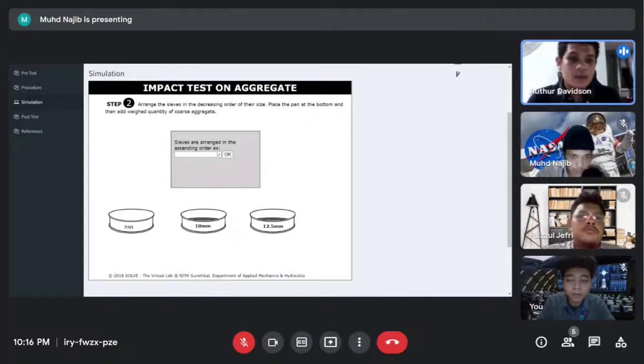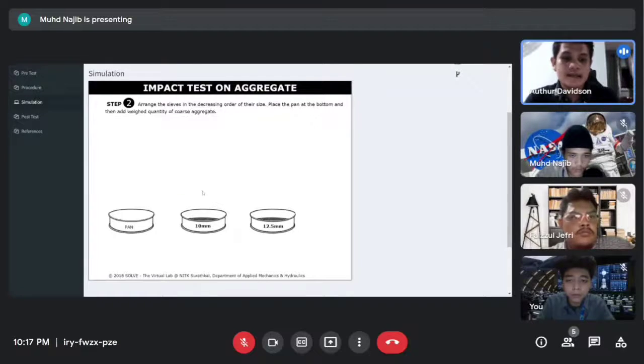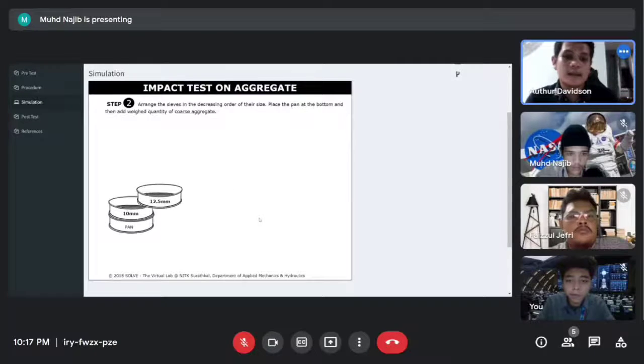And then step number 2, we have to arrange the sieve from the biggest size to the smaller size, which is descending order.